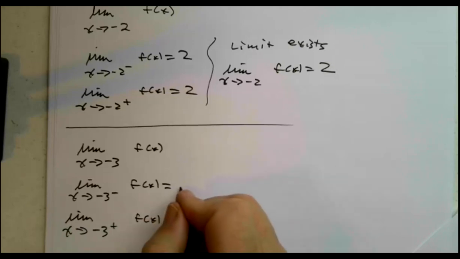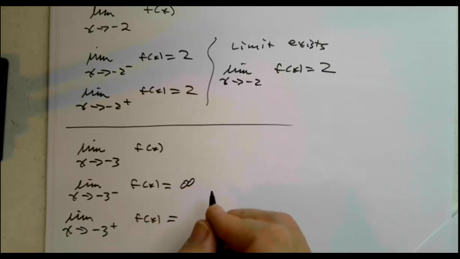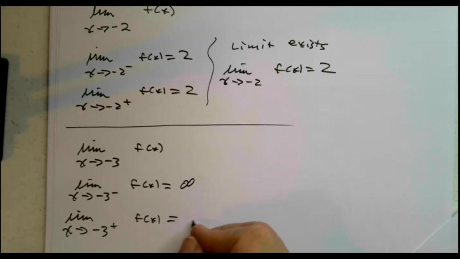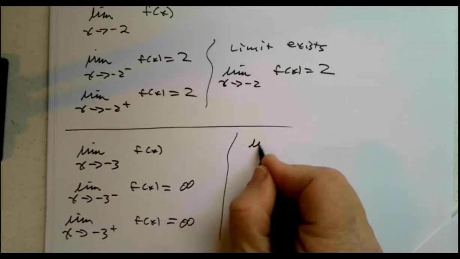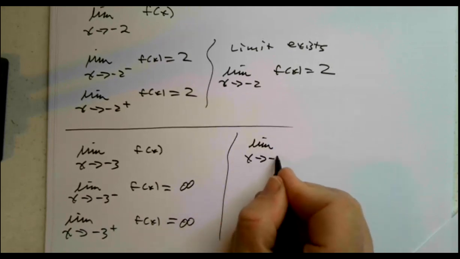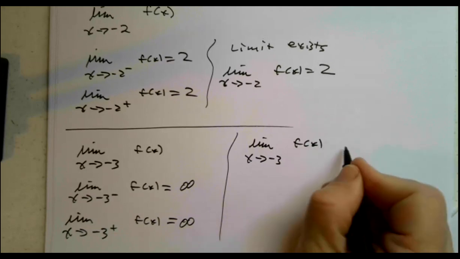So fine, we can say it equals infinity, but please do not think that that exists. It doesn't exist. As we approach -3 from the right, it also tends to go to infinity. So I will say then that the limit as x approaches -3 of f of x does not exist.